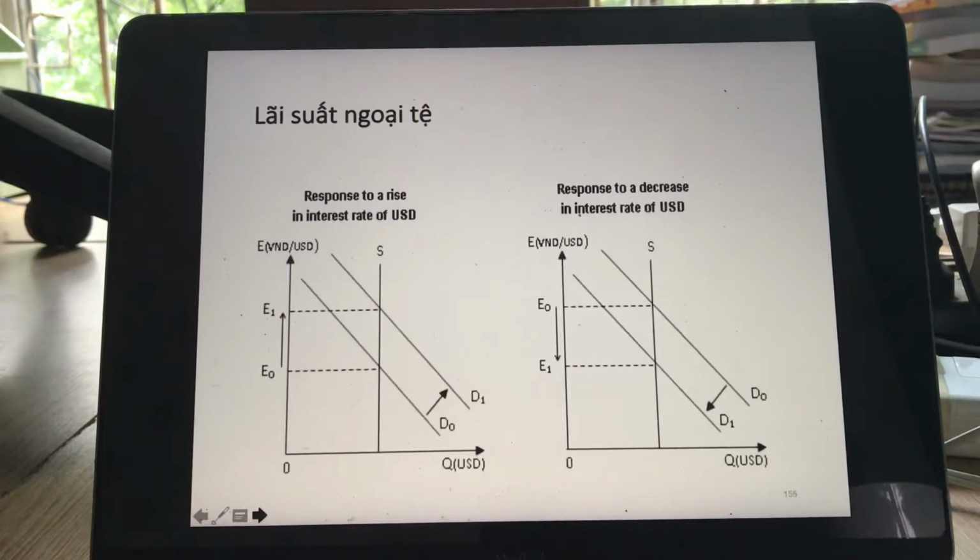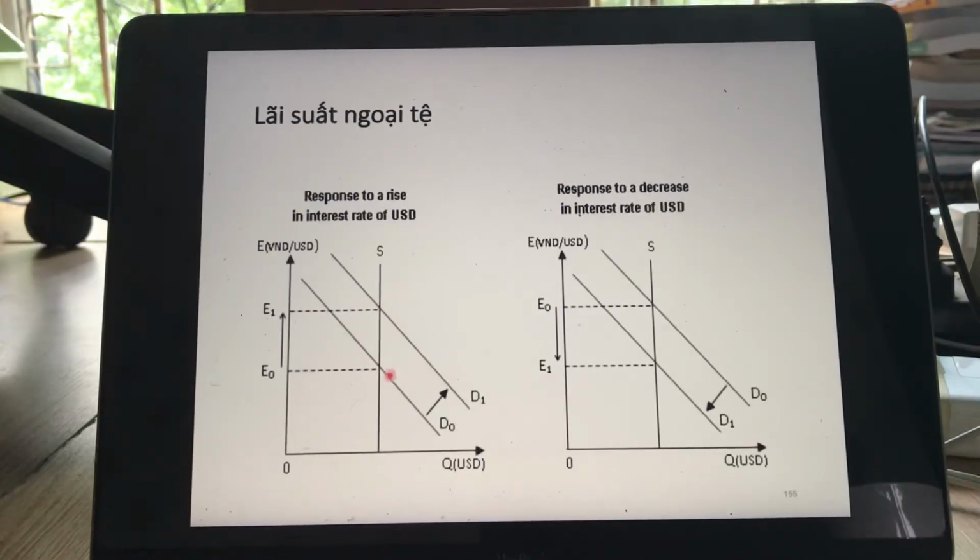Okay, for the foreign interest rate, we apply the same logic. When the interest rate of the USD increases, the Vietnamese people demand more foreign assets, the assets denominated in the USD.